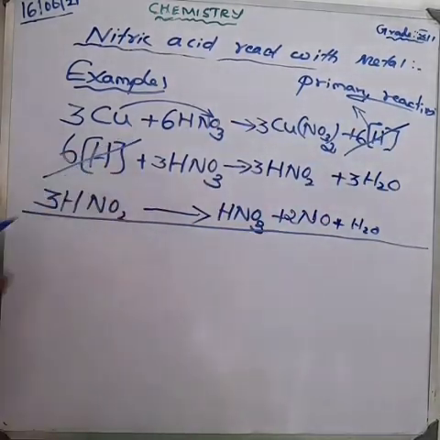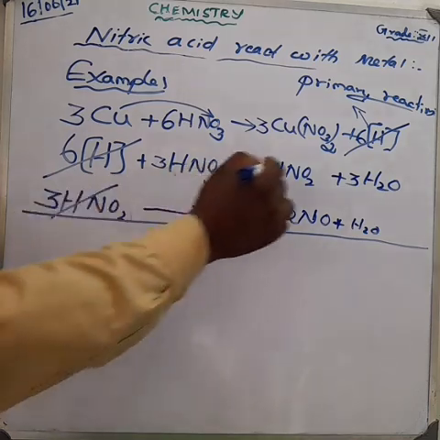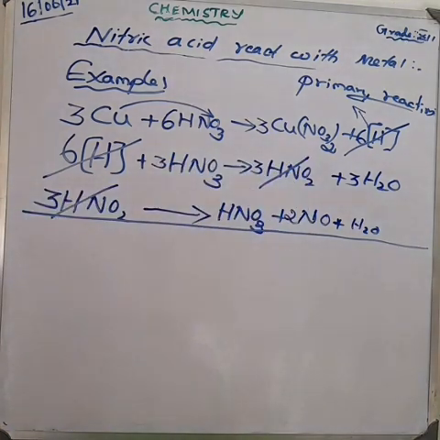Reactant side and product side can be easily cancelled. Nitrous acid, 3 HNO2, can be cancelled. Then, is any other possible? HNO3. Okay, there is no other possible, am I right?